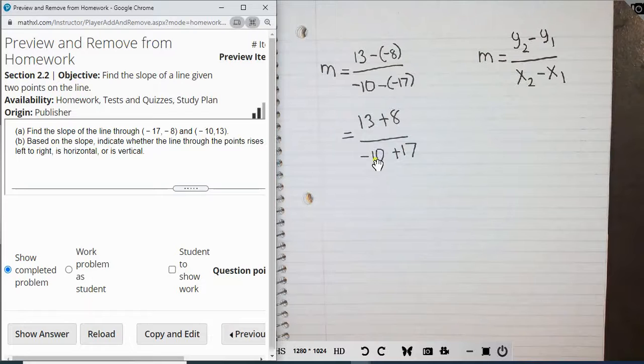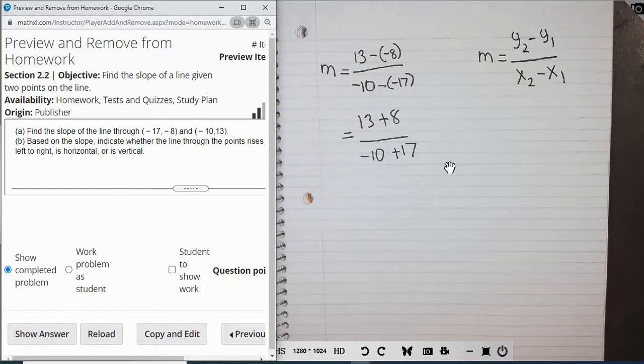Just to reiterate, one thing you can always do when thinking about slope is make sure that your corresponding y's are over their corresponding x's. We can check this: 13 is over its corresponding x, negative 10, and negative 8 is over its corresponding x, negative 17. So just a check as you're working through this. And remember, y is on top. Y is on top.